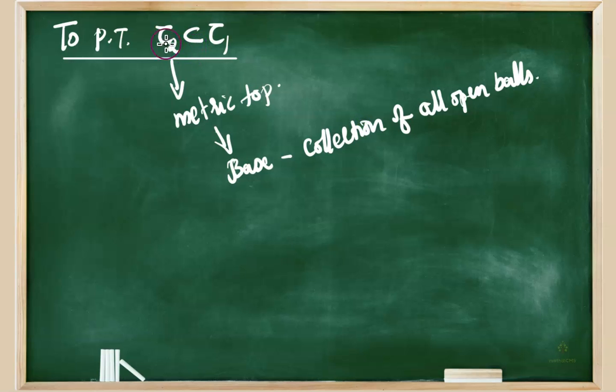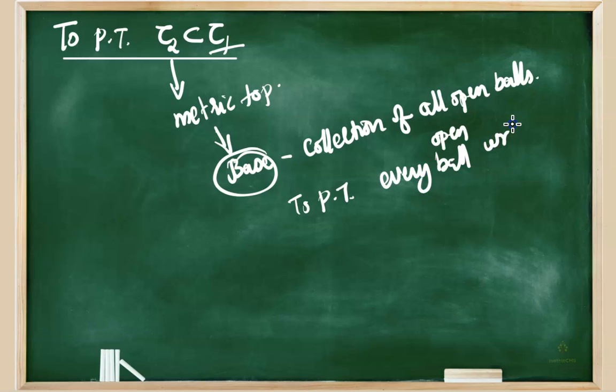Hence, to show that τ2 is a subset of τ1, it is enough to show that this base is contained in τ1. So we need only show that every open ball with respect to τ2 belongs to τ1.